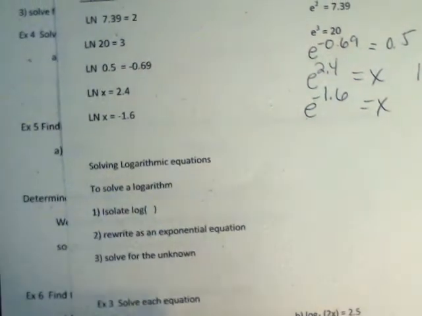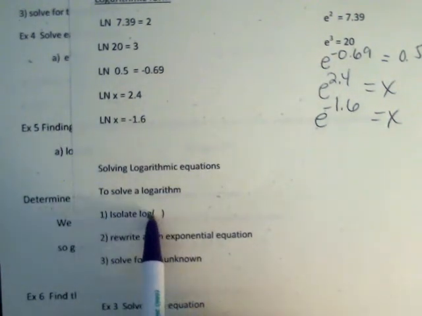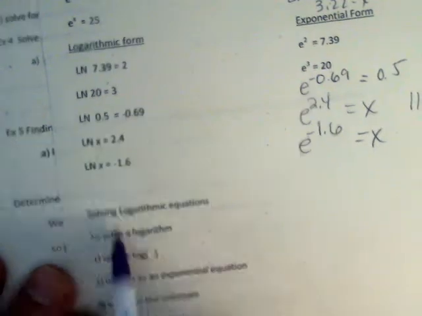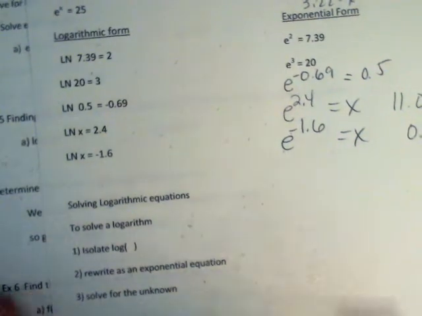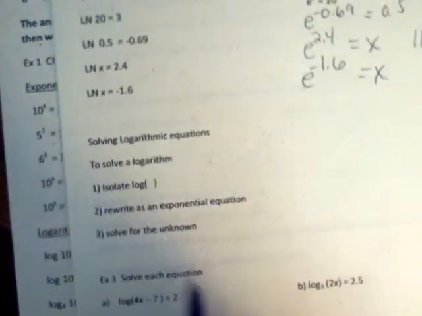So here are your steps to solving a logarithm. First thing you want is to have the logarithm by itself, so the log of whatever's inside the parentheses, whether it's x, 2x, x plus 1, whatever, by itself. Rewrite as an exponential equation. Solve for the unknown. We've already solved the basic one-step ones. Now let's look at one that might have a few more steps.